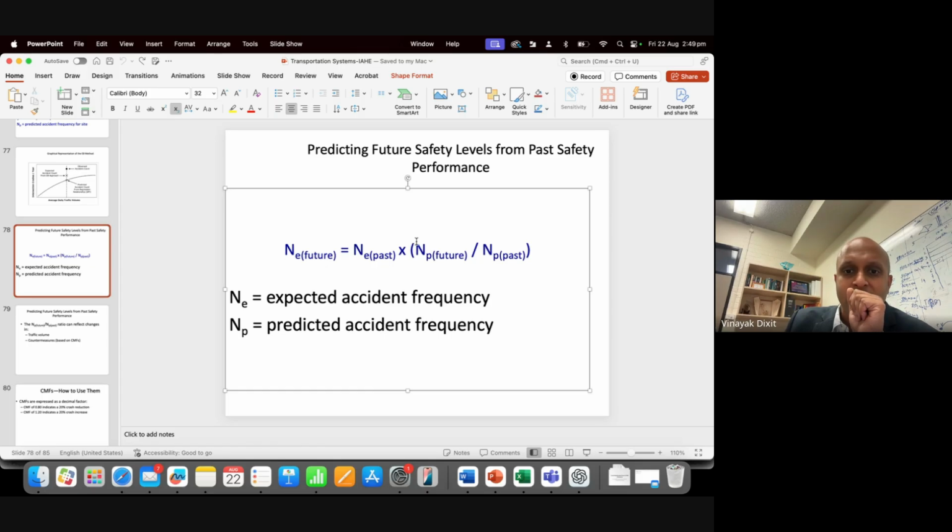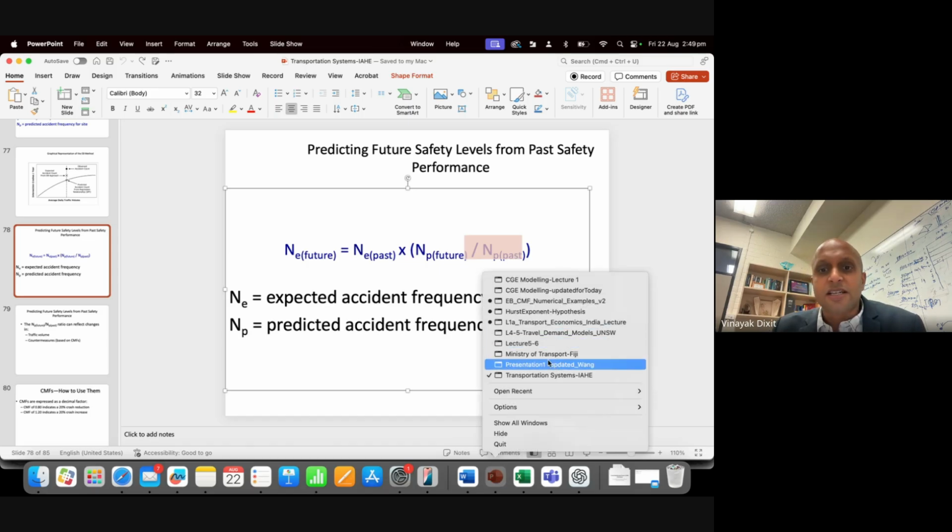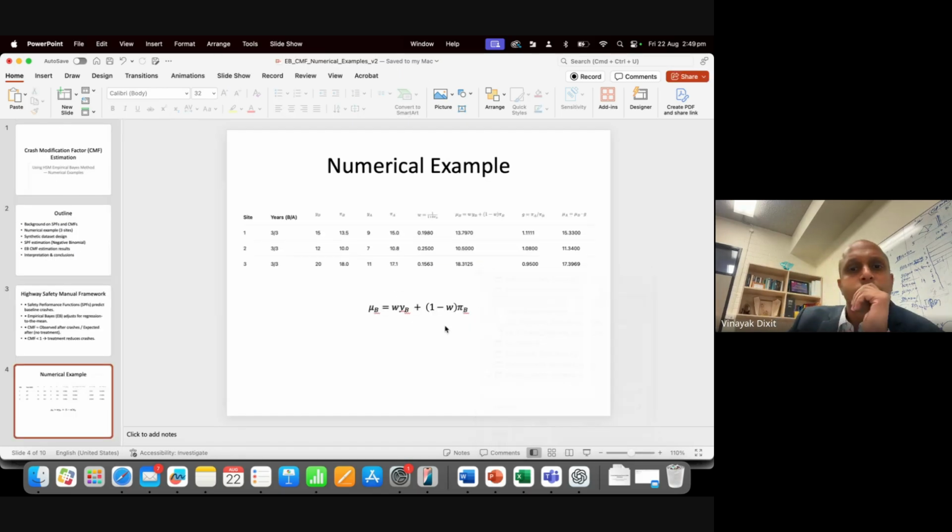What we have done is NE past divided by NP past, and that is G. So from that, I can estimate what my mu A is going to be.